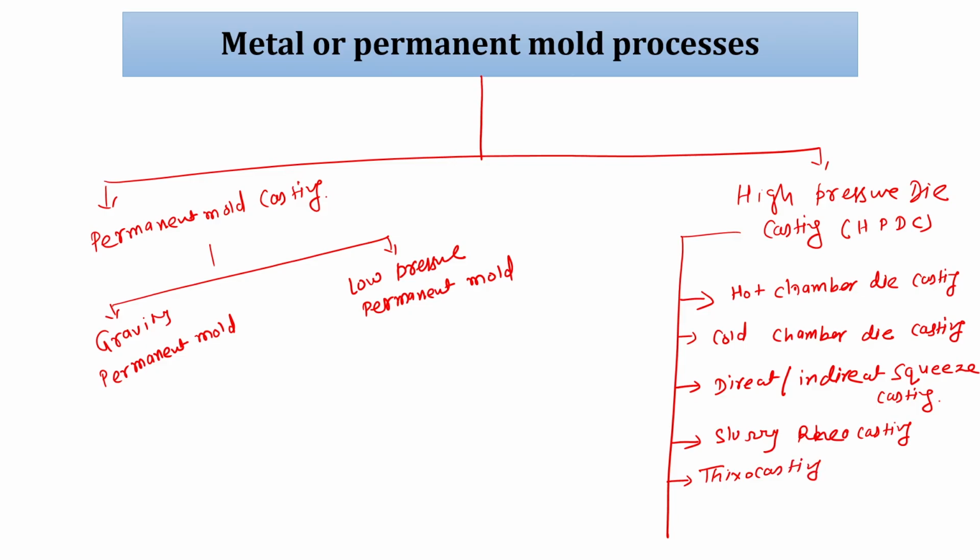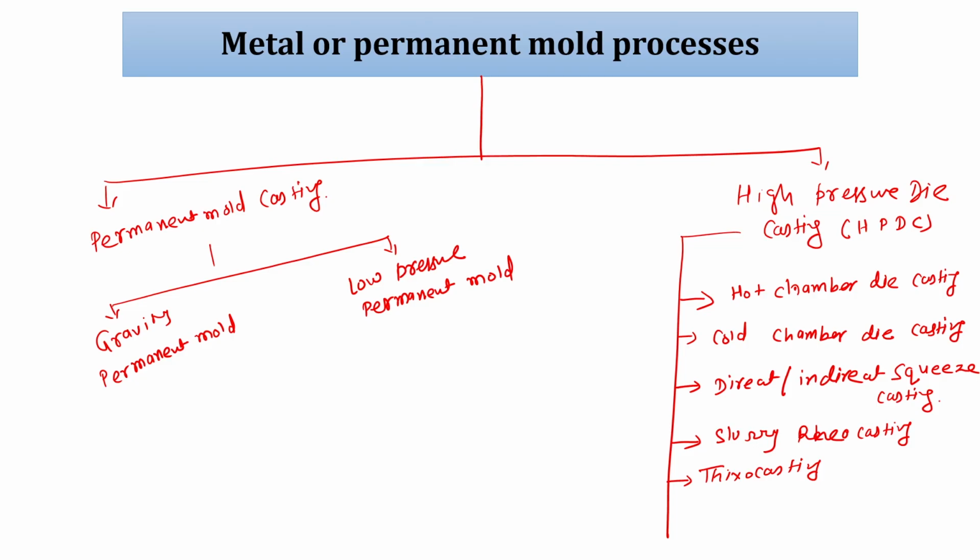These are the popular names. There are lots of categories, like Rheo casting, Thixo casting, direct squeeze casting, indirect squeeze casting, cold chamber die casting, hot chamber die casting. There are lots of processes. So based on that, high pressure die casting is divided into subcategories.